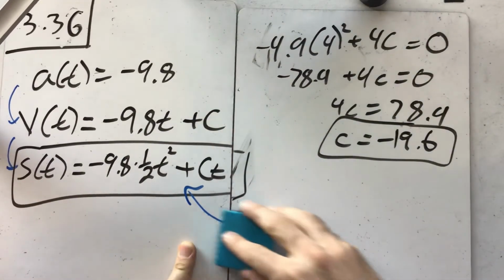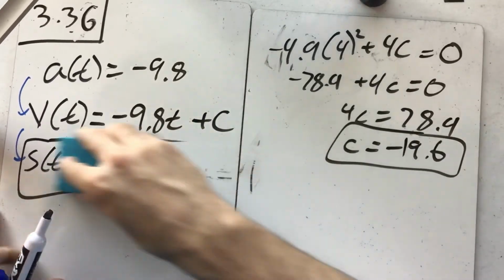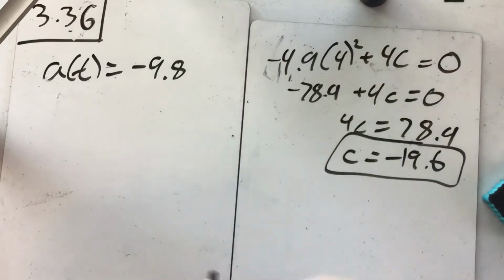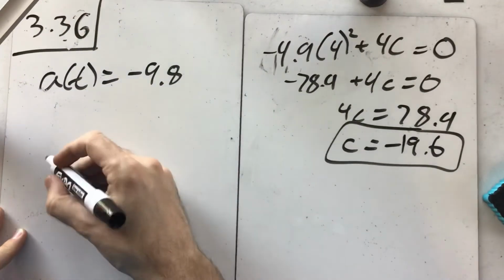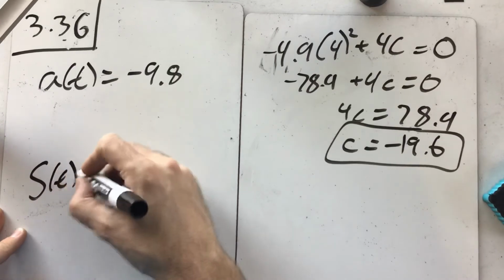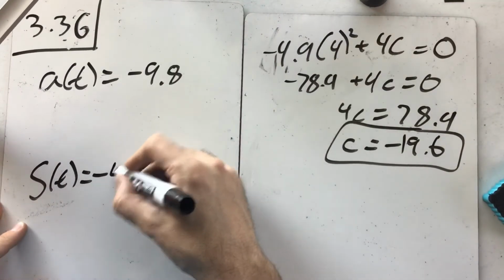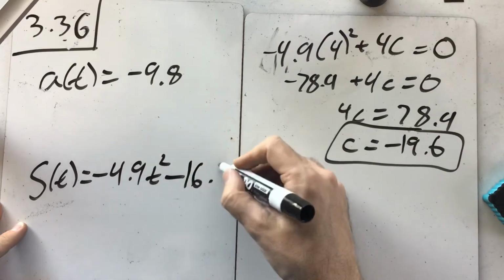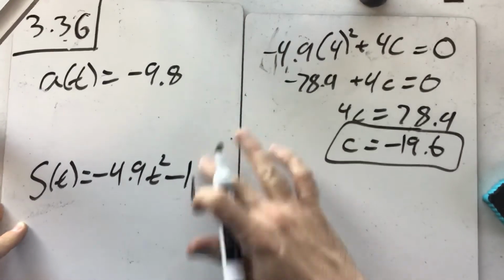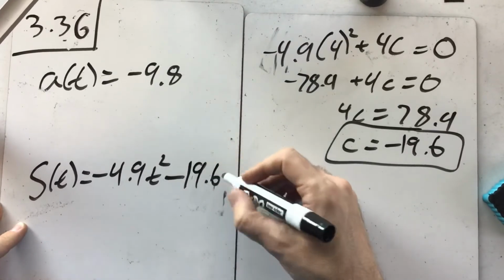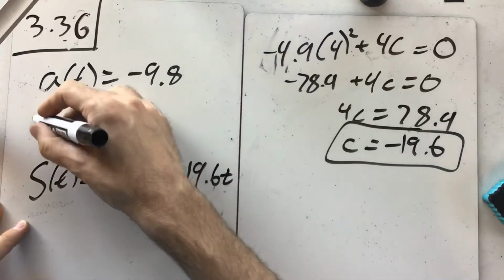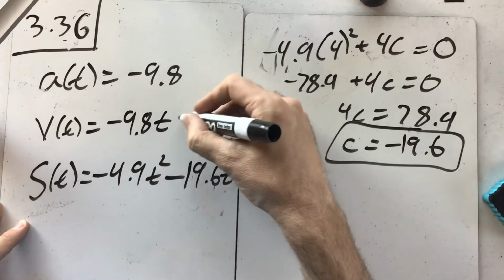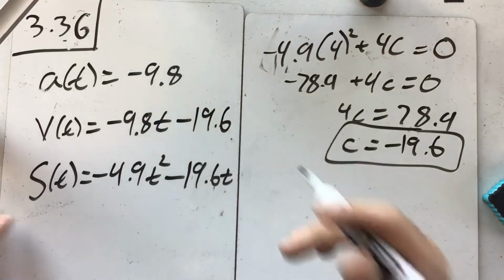So now I know my velocity and my acceleration equations. So let's just come here. Let's rewrite them so we have them to look at. So I know that my position equation is negative 4.9 t squared minus 19.6 t, and I know that my velocity equation is negative 9.8 t minus 19.6.